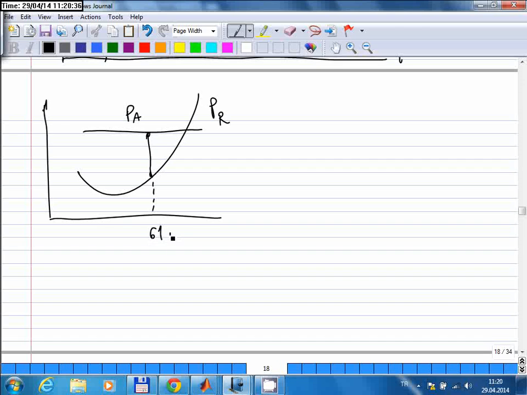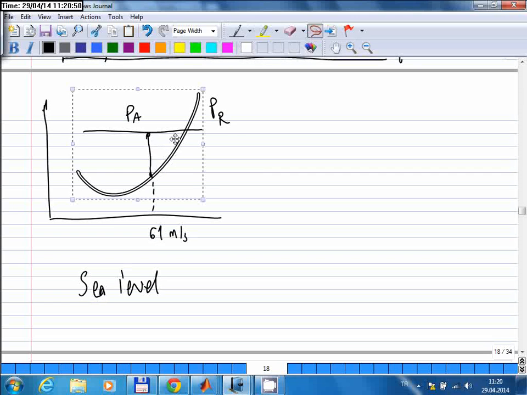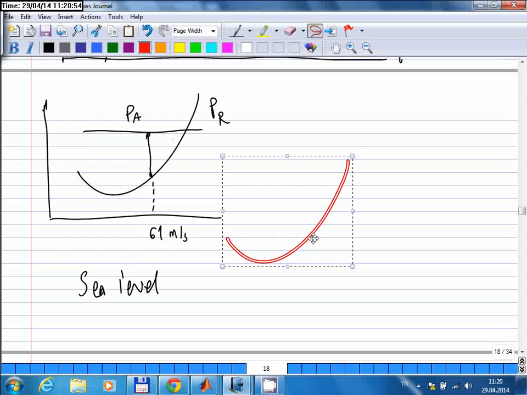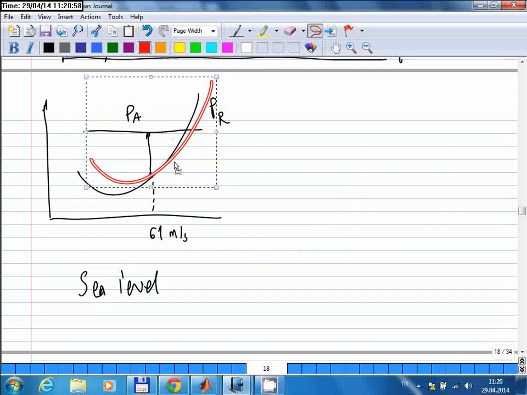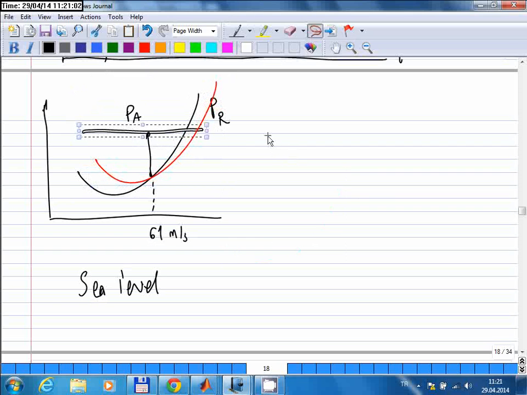So this was 61 meters per second. This is the conditions at sea level. But after 1.5 kilometers, things will be different, right? The required power will be shifted like that, and then the available power will be shifted as well.